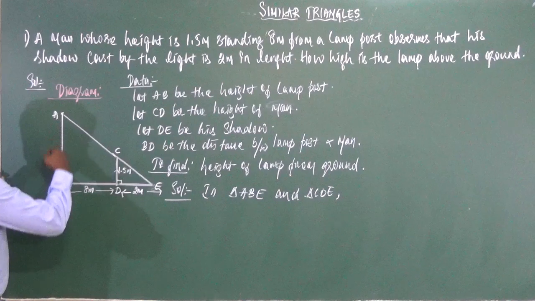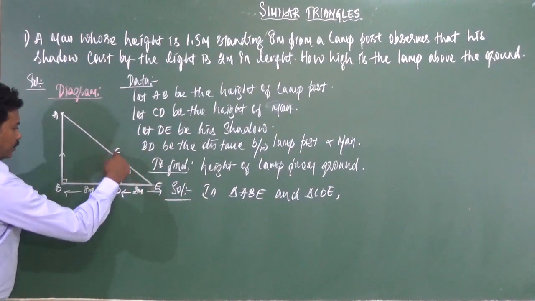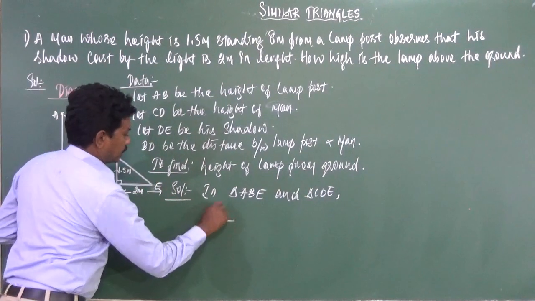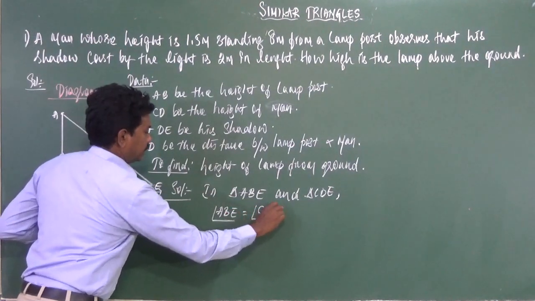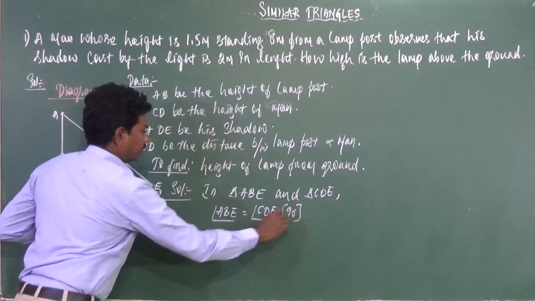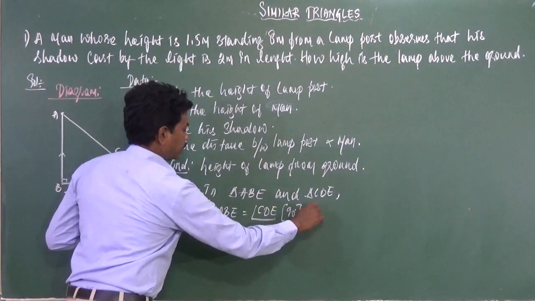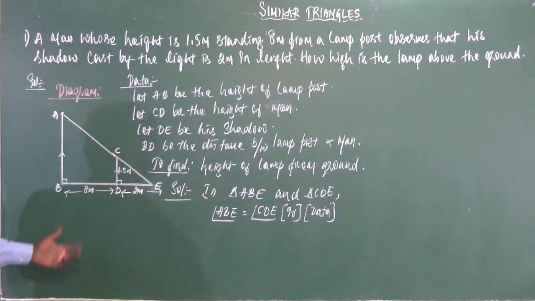So in triangle ABE and triangle CDE, angle ABE is equal to angle CDE because both are equal to 90 degrees. That's according to the data we have got, right? Then we have to search for another angle here.